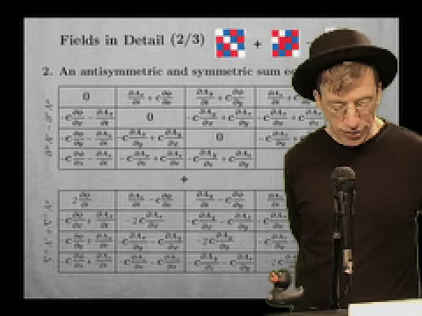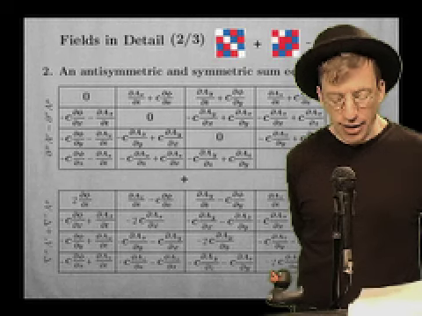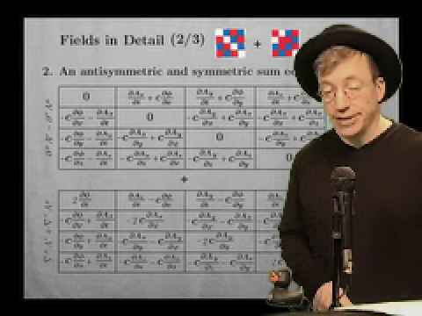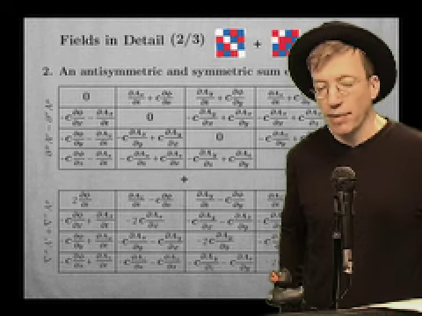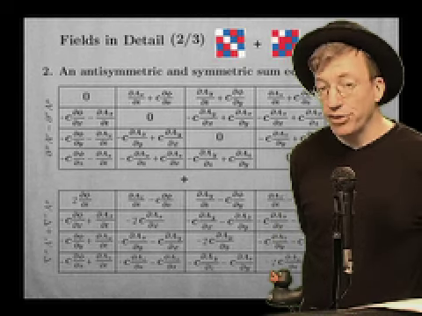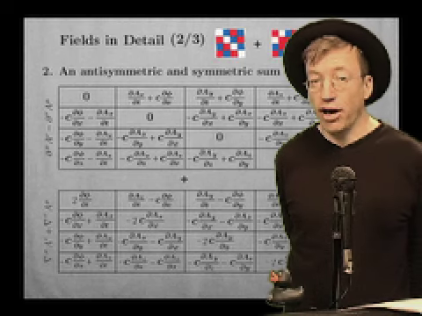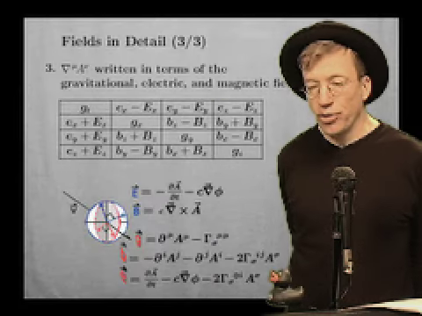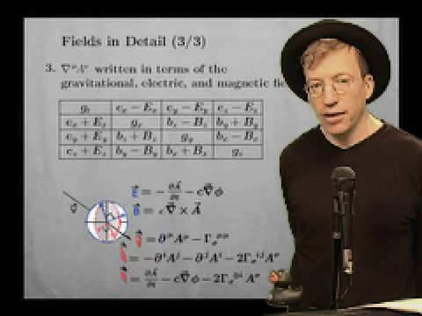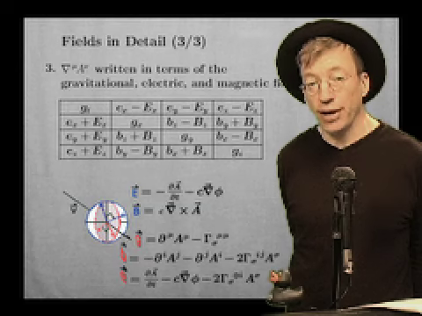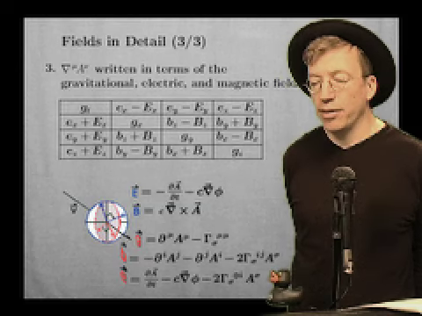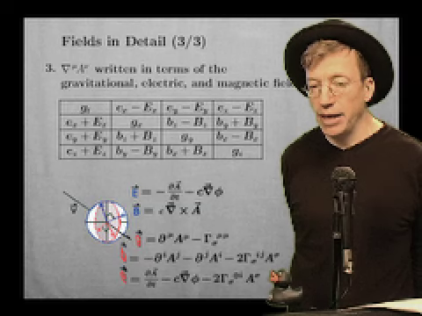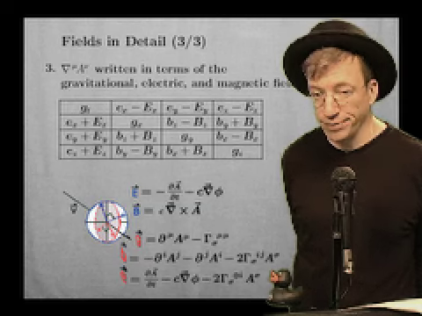The antisymmetric tensor is the Faraday tensor, and it's the stuff of EM. And the symmetric tensor is the stuff of gravity. And if you put these all together, you see all the E's, both big E for EM and big B, and the small e, small b, and small g for gravity.